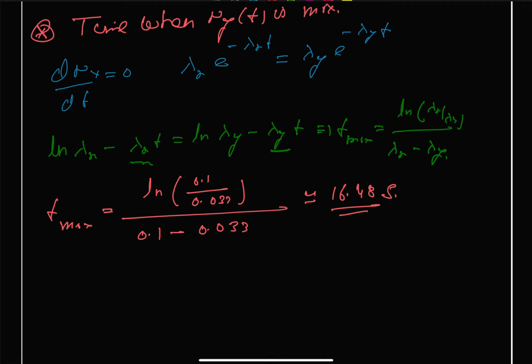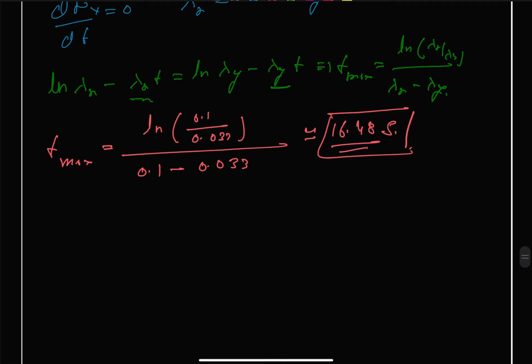And we have to find out the population at this particular time. So we can say population at t equal to t max, which is equal to 16.48 seconds.